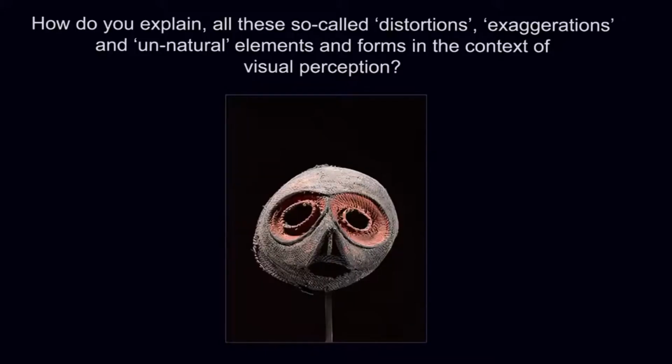Now, there is no straightforward reply to this query, but it is true that each and every mask has a very distinctive expression, and this distinctive expression is coming from the different adjustments and relationships between the eyes and the nose and the mouth.